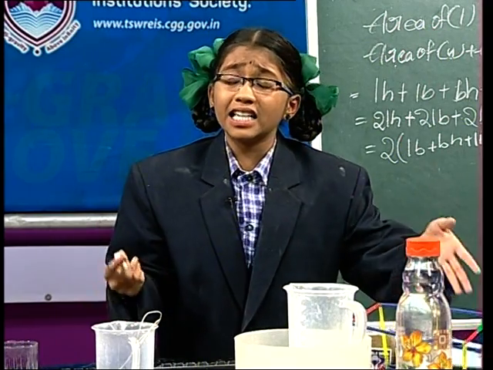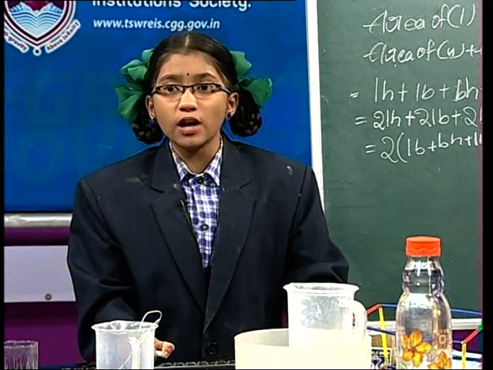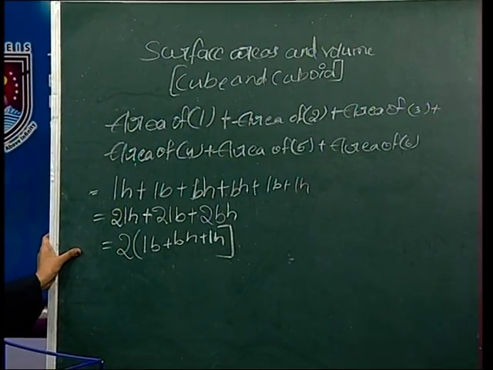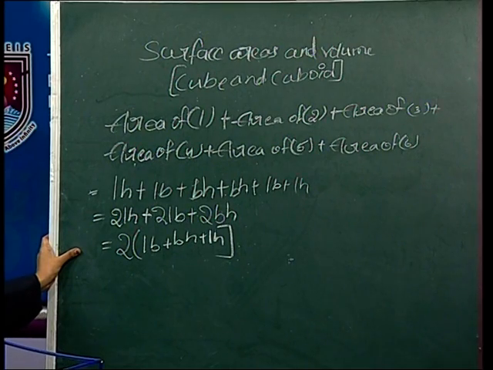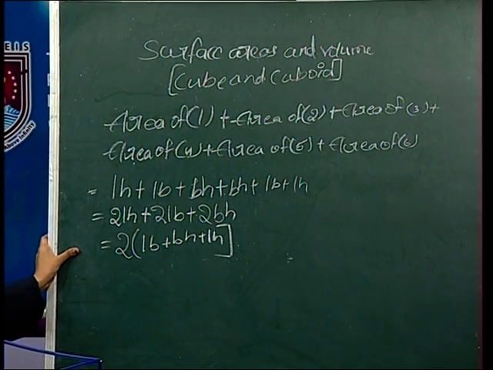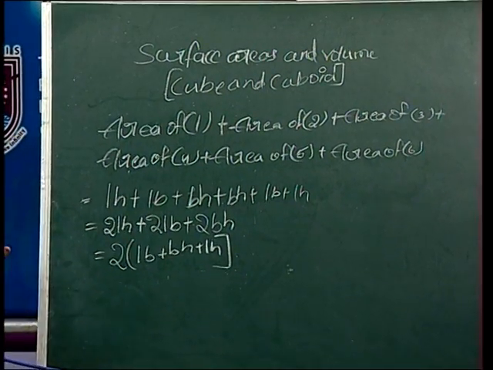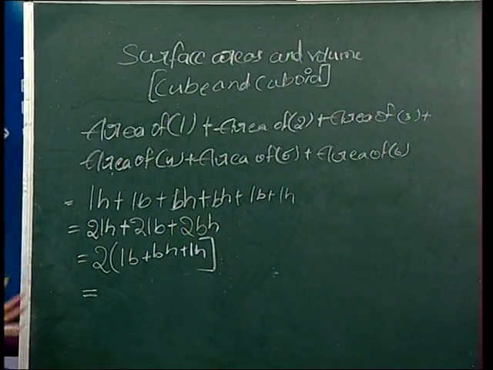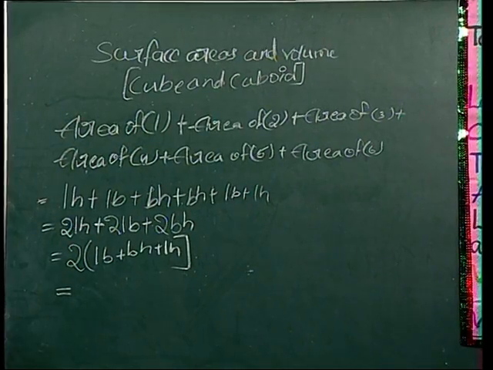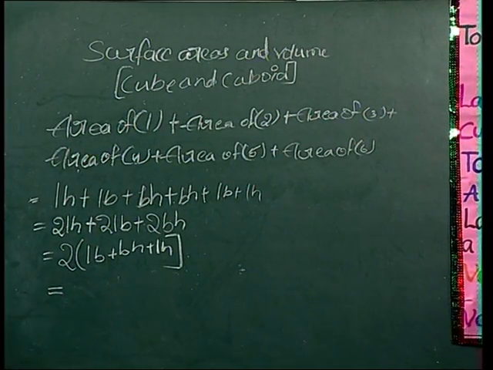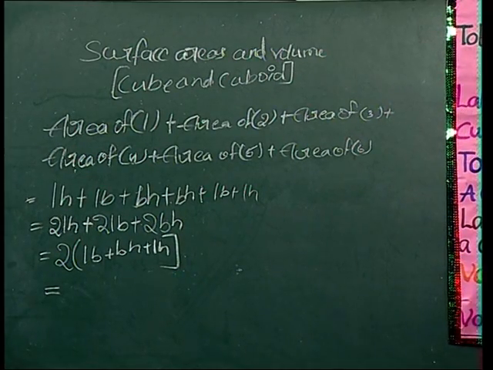Sparrows, there is another way to find our formula. What is our formula for the cuboid? Very good, it is 2(LB + BH + LH). So, we have to substitute into the cuboid formula. We consider B and H as L. Why? Because in a cube all dimensions are equal.